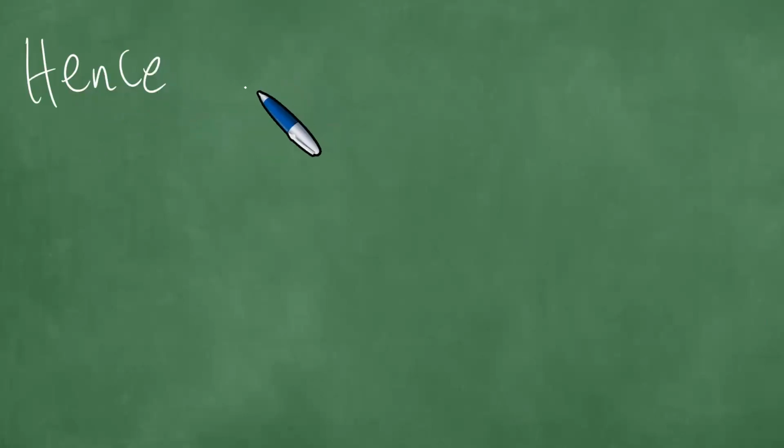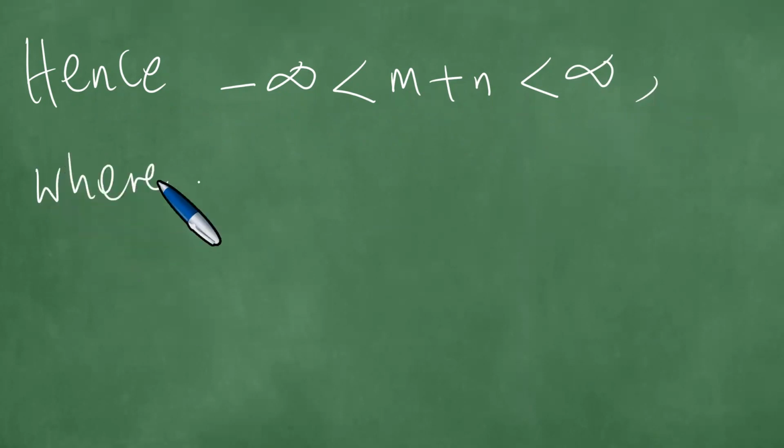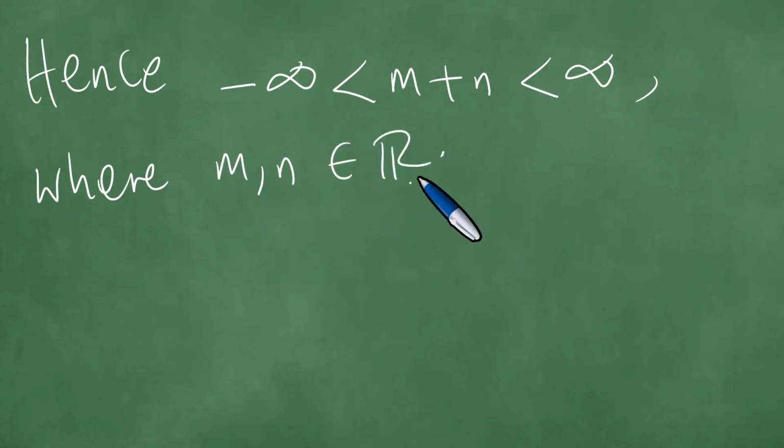What is then the conclusion here? We have that m plus n lies between minus infinity and infinity, where m and n are real numbers.